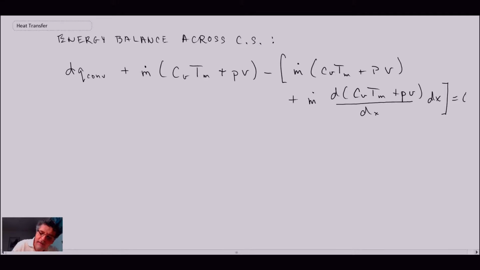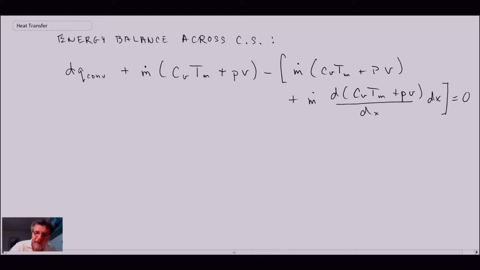And all of this needs to equal 0 because we're operating in a steady state. If you're wondering where I'm getting these terms from, essentially this is just the first law of thermodynamics, and the CVT, that is our internal energy. PV is the flow work because we have an open system where we have mass crossing our control boundary. And so that is where that formulation is coming from.